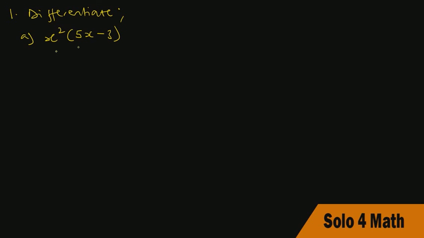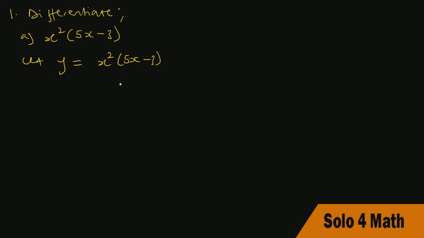We need to let this function be equal to y so that it becomes easy to relate with when we are differentiating. If you let the function be equal to y, we need to express this function in terms of x to power something.